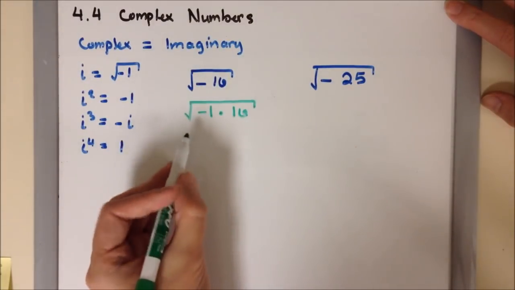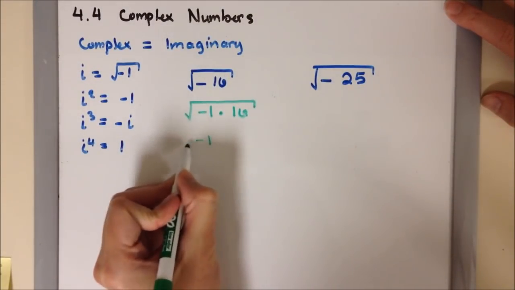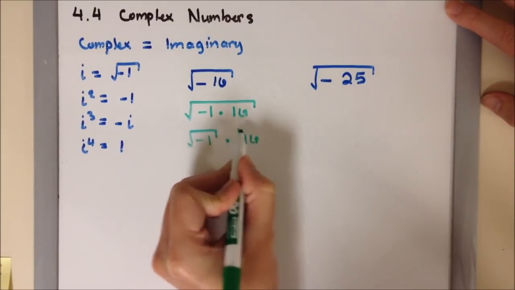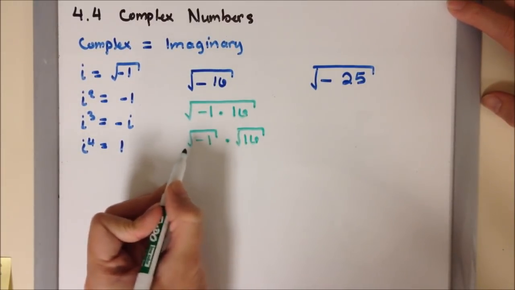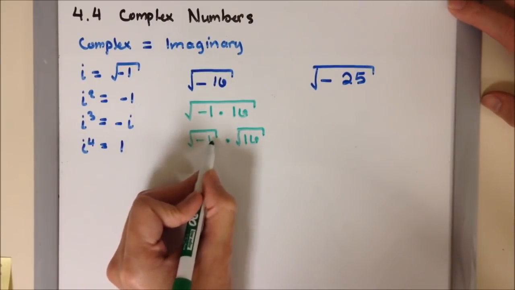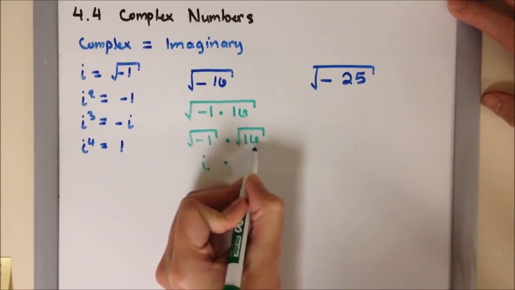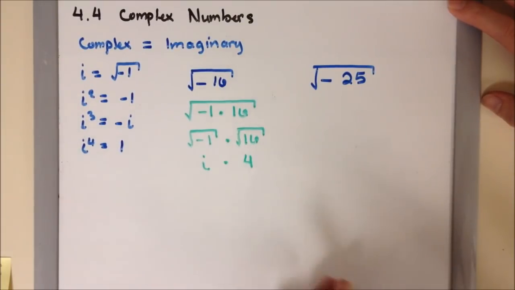I'm going to break this into two square roots since it's multiplying. So the square root of -1 is just i, and then the square root of 16 will be 4.